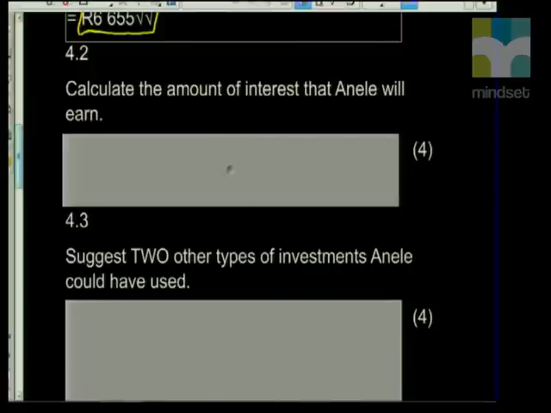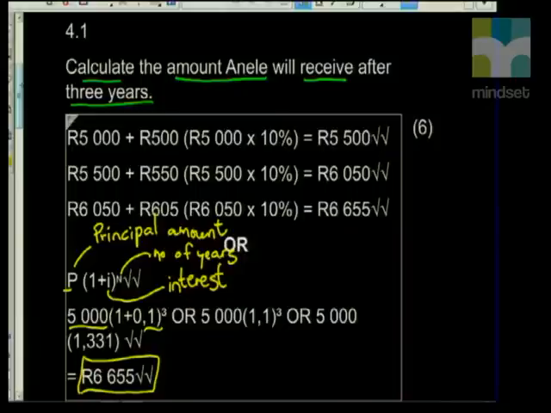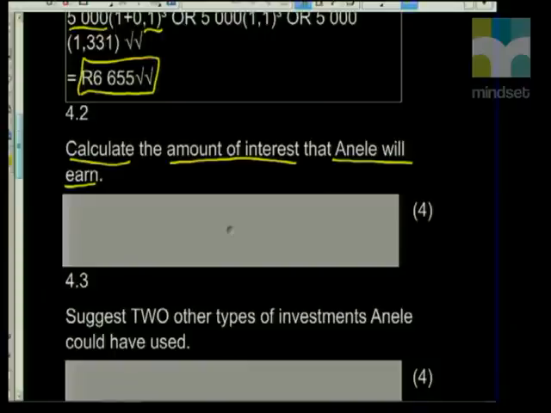Now 4.2: calculate the amount of interest that Anele will earn. It's easy to confuse question 4.1 and 4.2. Question 4.1 asked you to calculate the amount Anele will receive after 3 years, so how much is Anele getting after 3 years? Question 4.2 is asking you to calculate the amount of interest that Anele will earn.